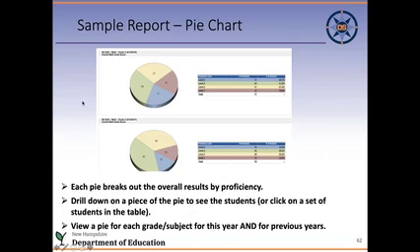Pie charts look like this. This is the one where you'll get a pie chart for each grade for each subject, so for each year. So here's grade 3 in 2018 first, and then grade 3 in 2017. And you can look and say, the blue is level 4, and the green is level 3. So you can see more than half of the students were level 3 or 4. That's great.